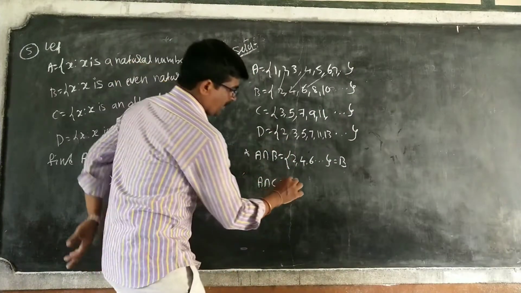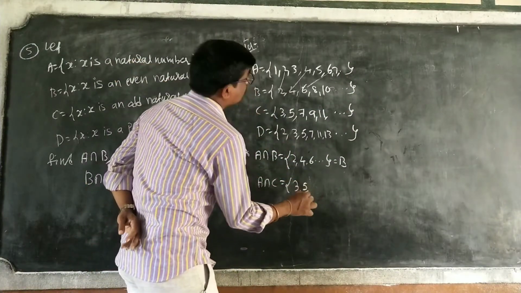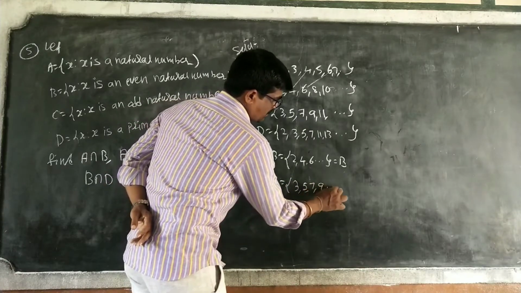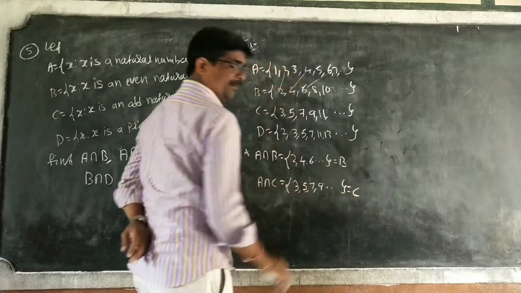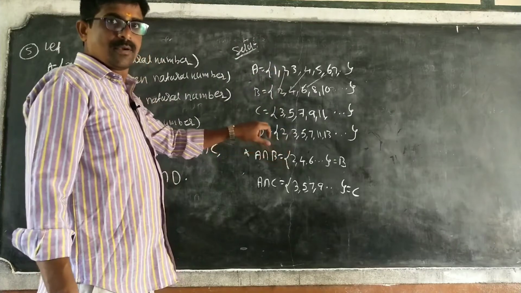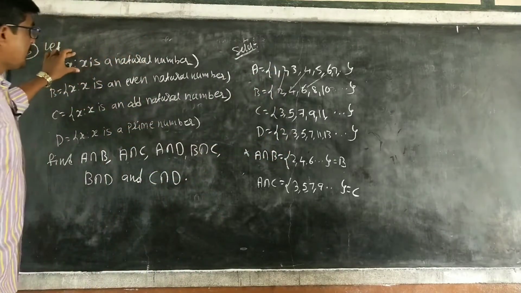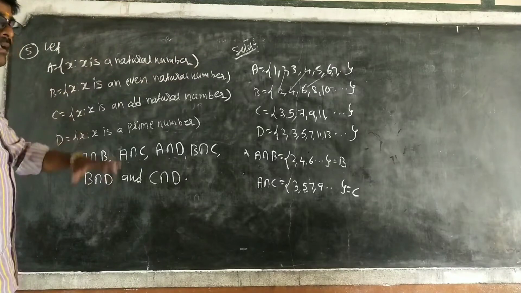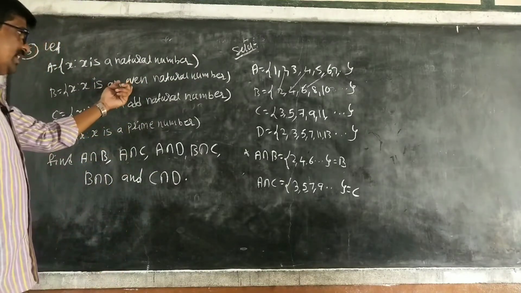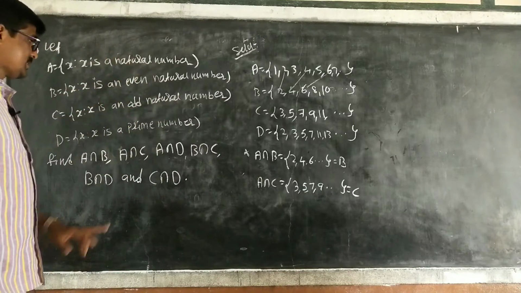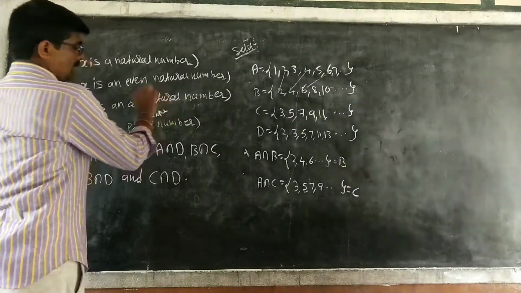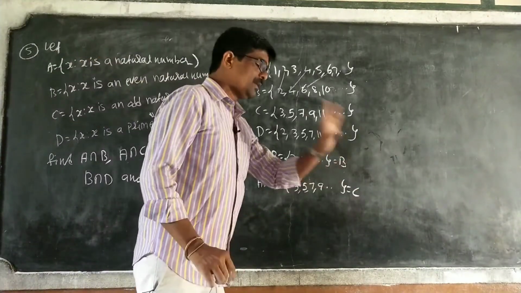So 3, 5, 7, 9 and so on, that is equal to C only, because A is the big set, a superset of all these three. A contains all natural numbers, but sets B, C and D are given restrictions: only even numbers, only odd numbers, only prime numbers. Okay, A intersection C is equal to C.